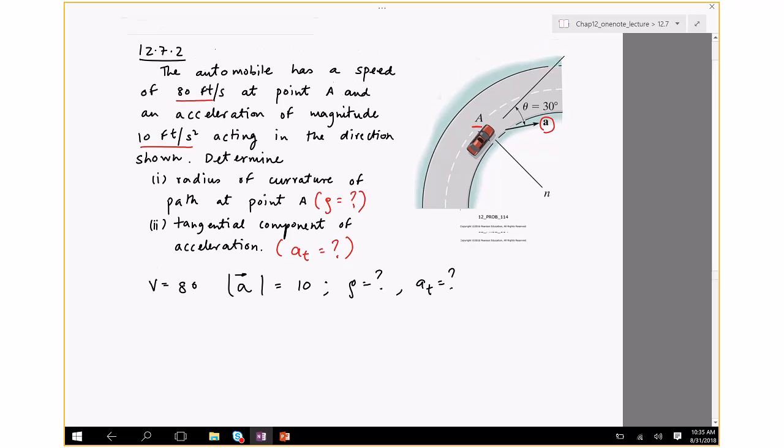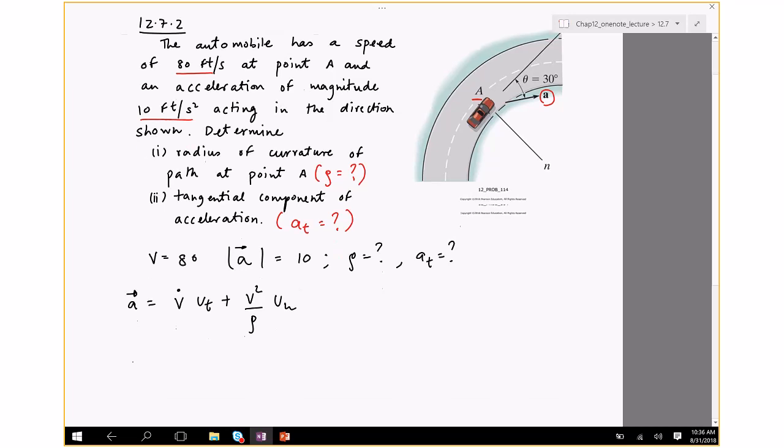Okay, so let's try to write down whatever we know about the acceleration. So we know that the acceleration is v dot ut plus v square divided by rho un. Okay, and the magnitude of the acceleration is v dot squared plus v squared divided by rho, and the whole thing is being squared.